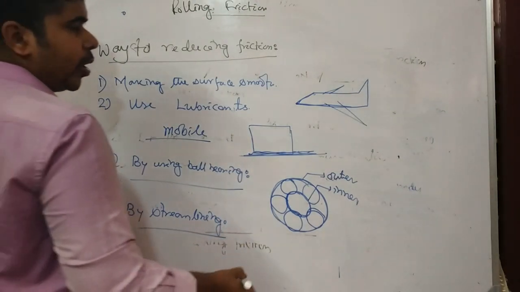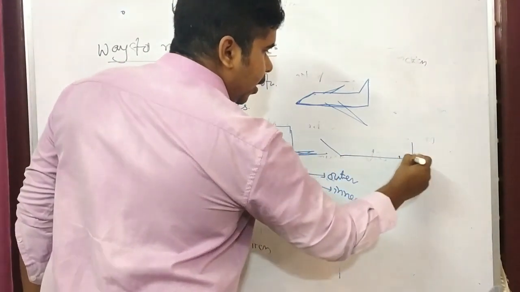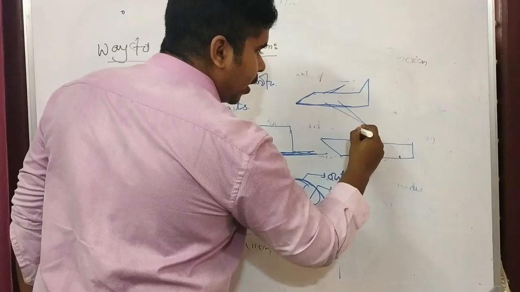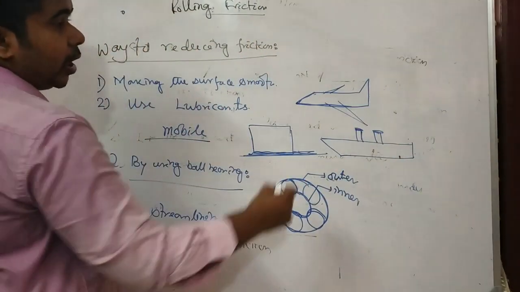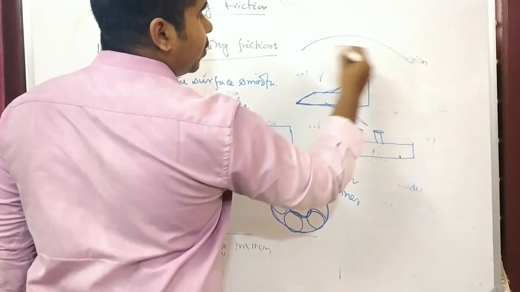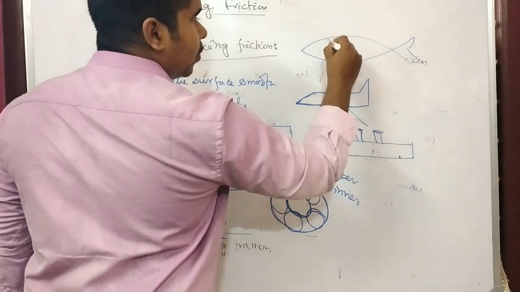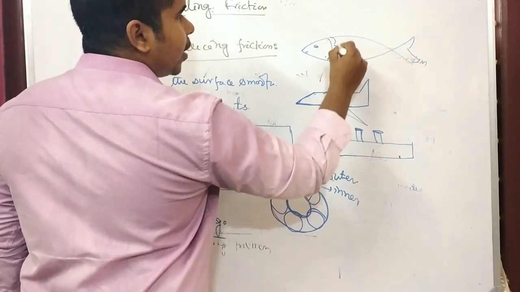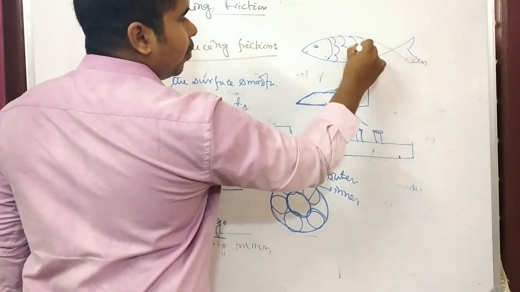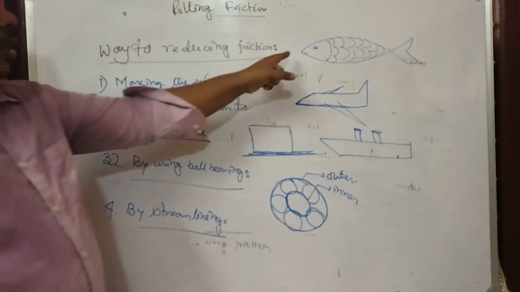Same thing with a ship or a submarine, the face is made pointed. If I talk about the shape of a fish also, drawing the complete fish is difficult for me, but you see the shape is pointed.